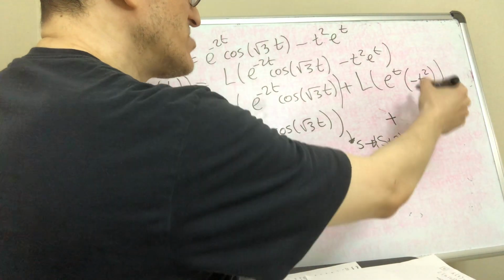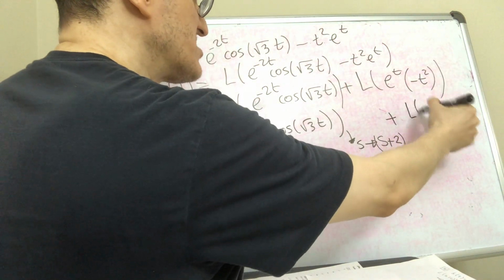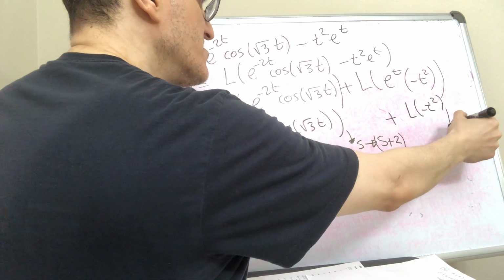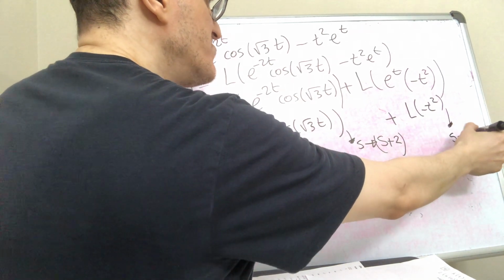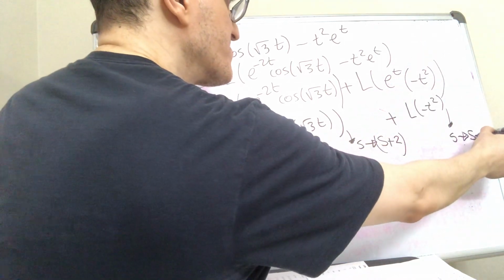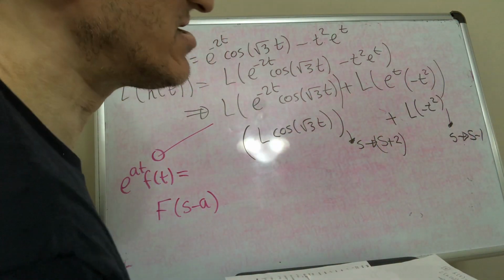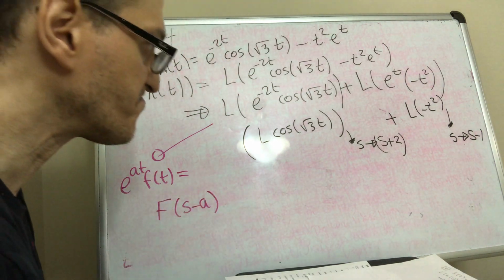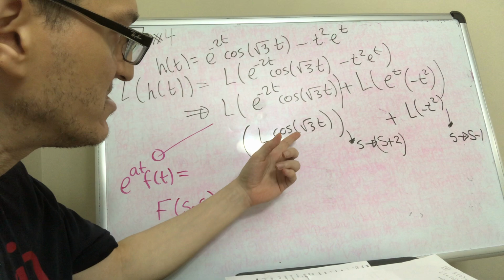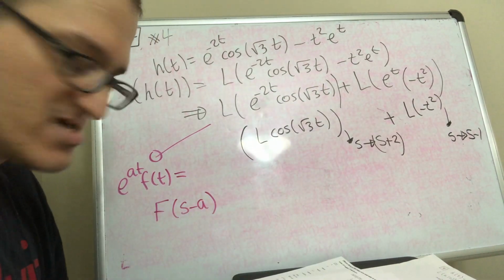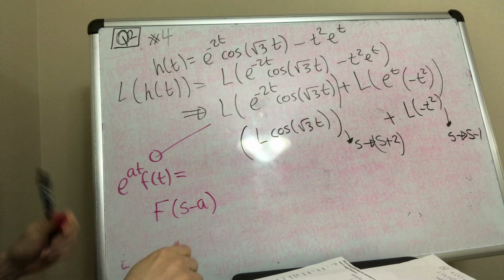So look at this one. We do the Laplace transformation for minus t squared, and the shift would be s into s minus a. A is 1, so you replace it by s minus 1. For the cosine root t, you probably know the rule now.